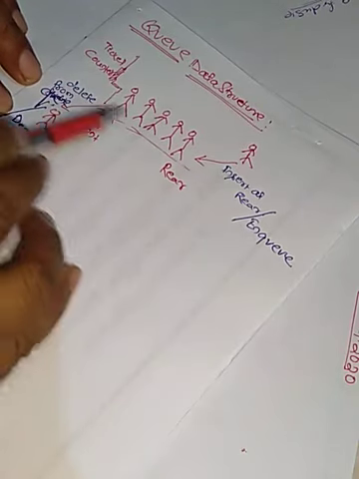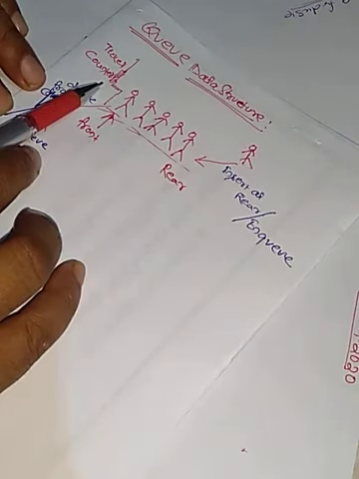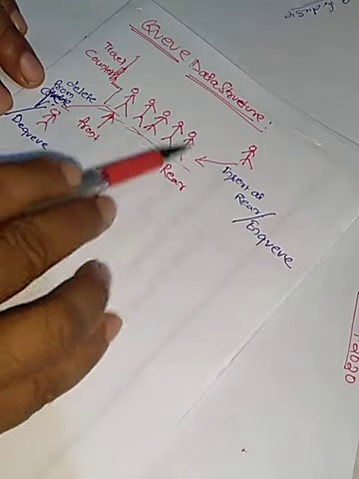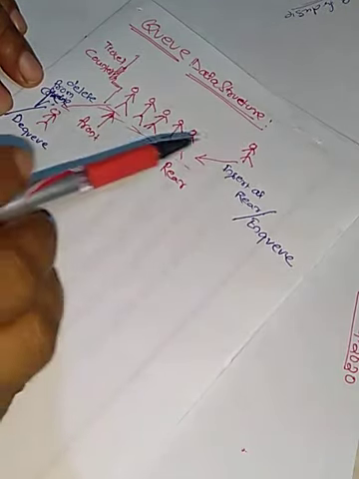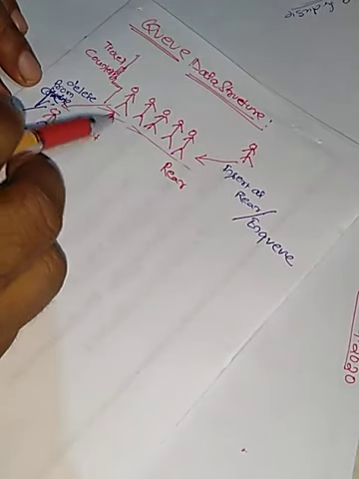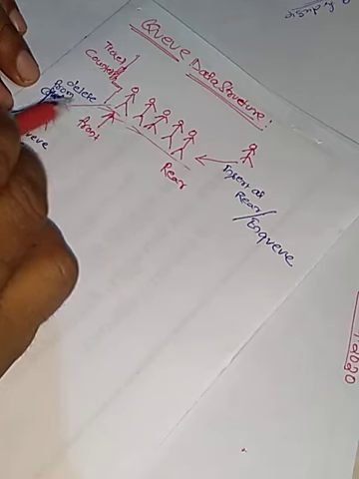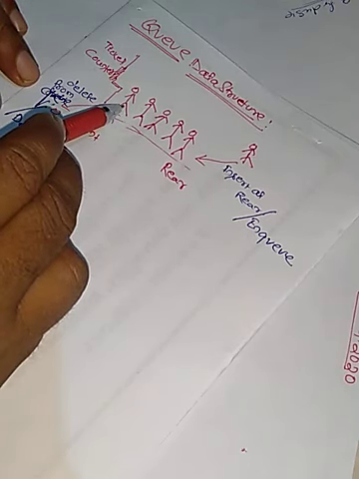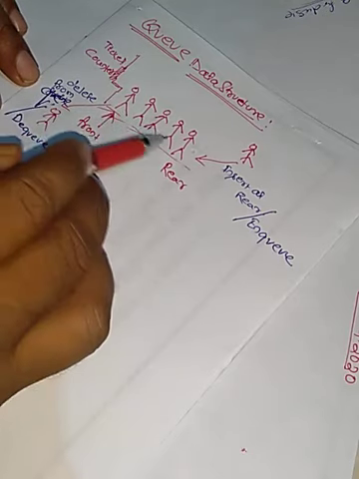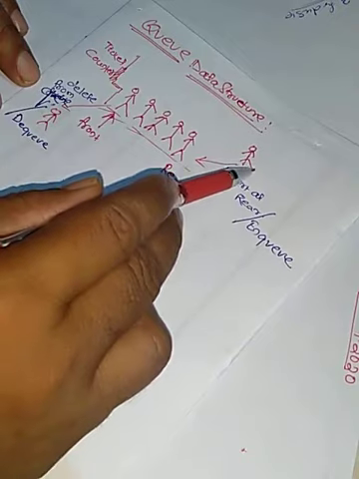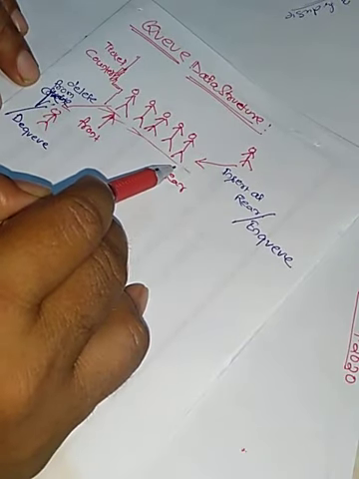Here in this example figure we see a ticket counter and 1, 2, 3, 4, 5 persons standing in queue. Something special about this queue is whenever any person moves out of the queue or is deleted from the queue, he goes out from the front, and whenever a new person is to be added to the queue, he will be added at the rear.